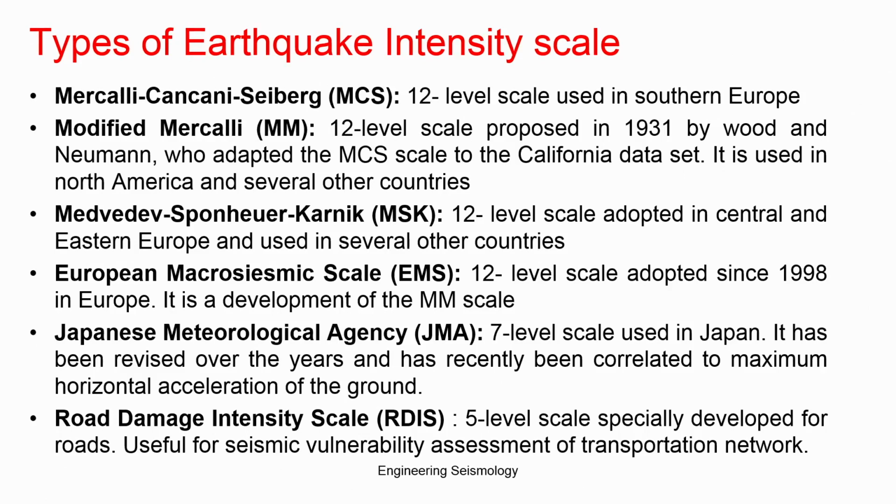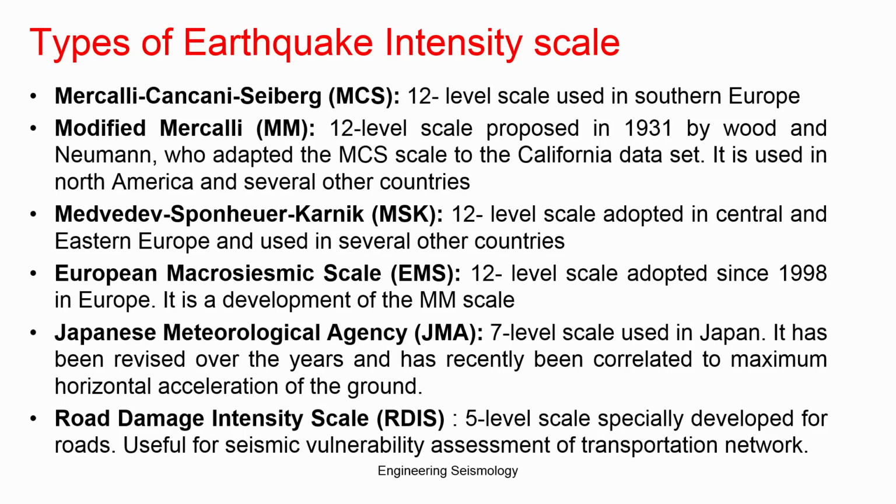Then the MSK, which again has 12 levels, adapted in Central and Eastern Europe. There is the European Macroseismic Scale, EMS, with 12 levels, adopted since 1988 in Europe as a development of the MMI scale. The Japan Meteorological Agency scale has 7 levels and is used specifically in Japan. And the road damage intensity scale is a new intensity scale developed by my research team, specifically used to quantify the damage caused to roads. None of these need any seismic instrument record, and all of these scales have been modified according to location.